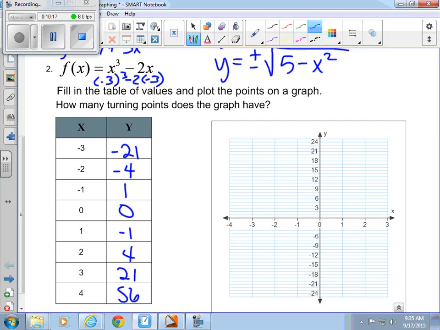So delete this circle and put x cubed minus 2x in y1. Put x cubed minus 2x in y1. I should probably just pull this out so you see what I'm doing.